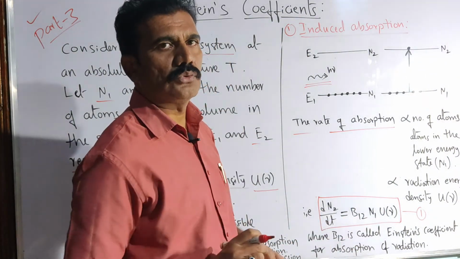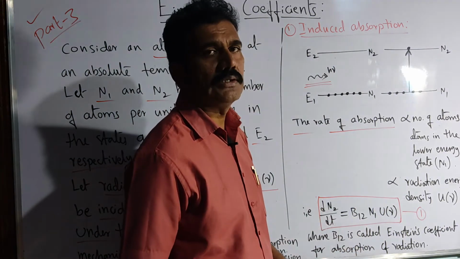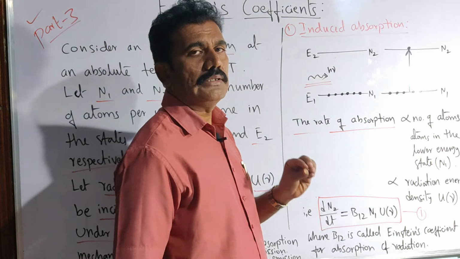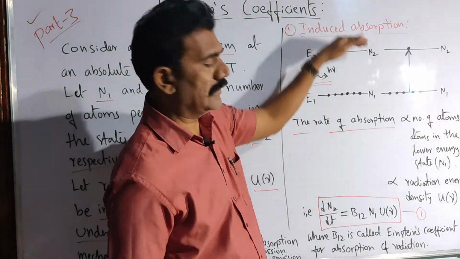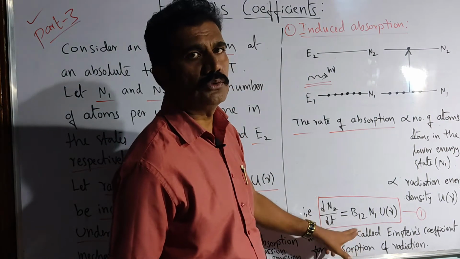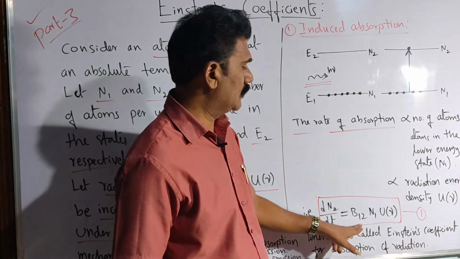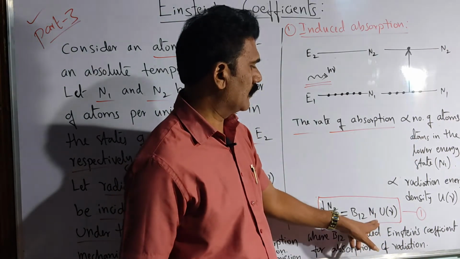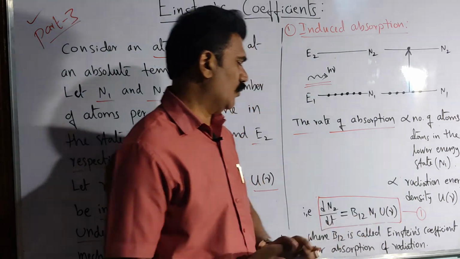To write the constant, I am considering the subscript 1, 2. What does it indicate? There is a transition of atom from level 1 to level 2, isn't it? That is why 1, 2. So the constant is called B12, and this is proportional to N1 and proportional to U of nu. Let it be equation 1.